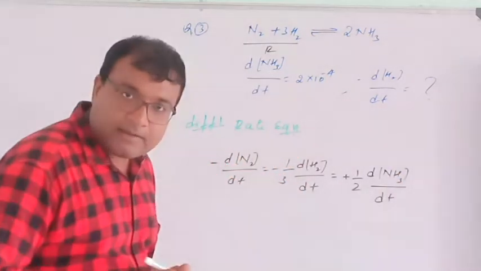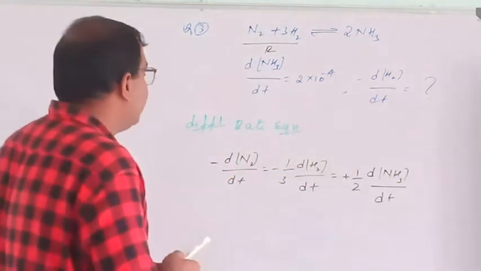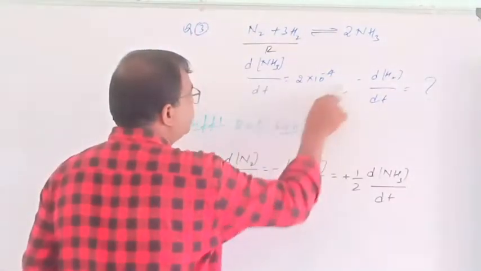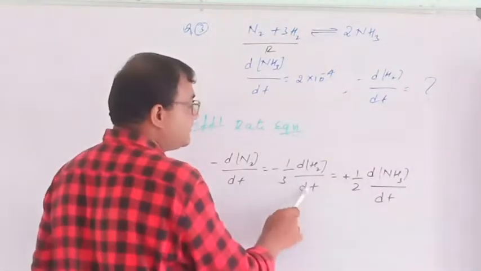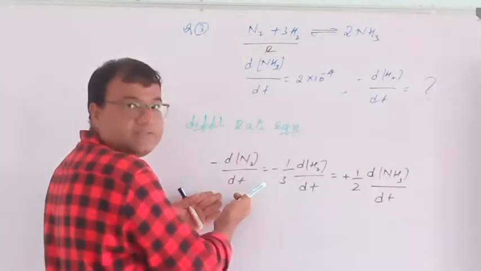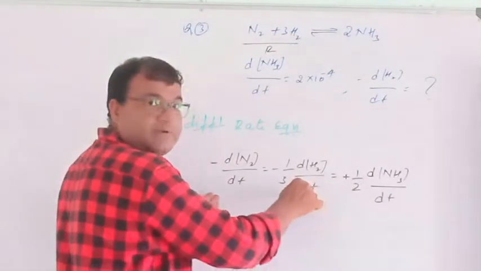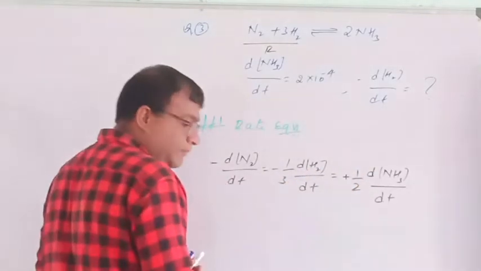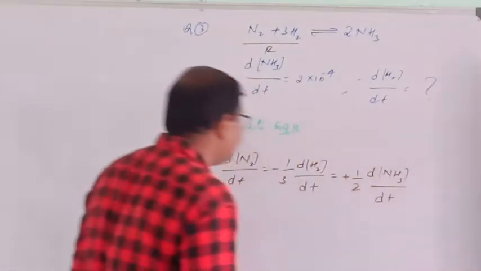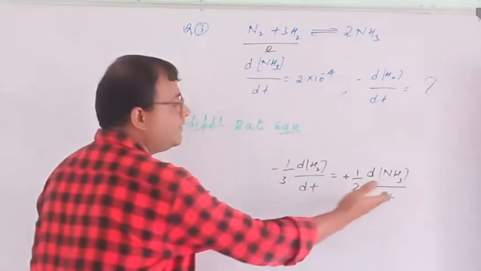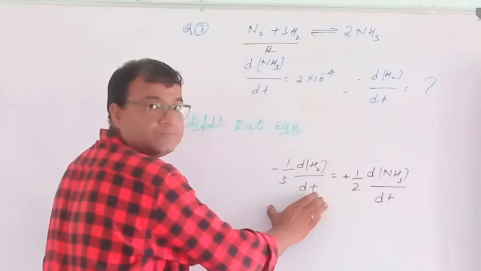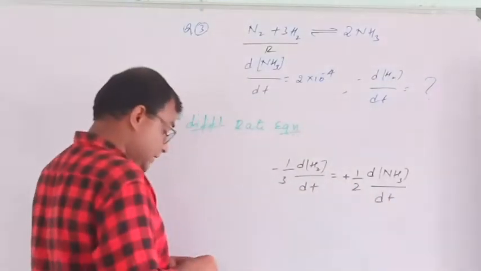What is the given data and what is the pending data? Given data is this one, and the pending data is this. We can eliminate the N2 term. So this much is equal to this much.